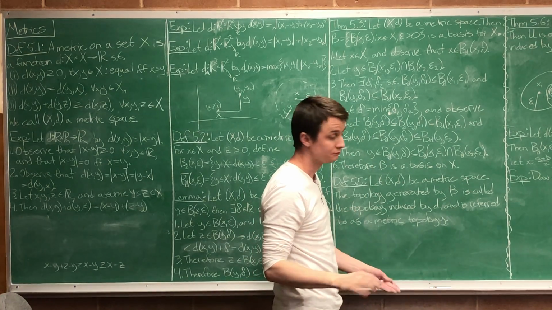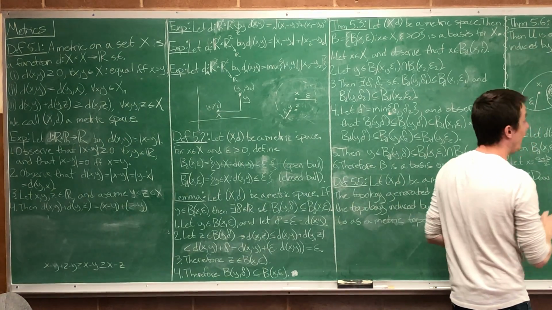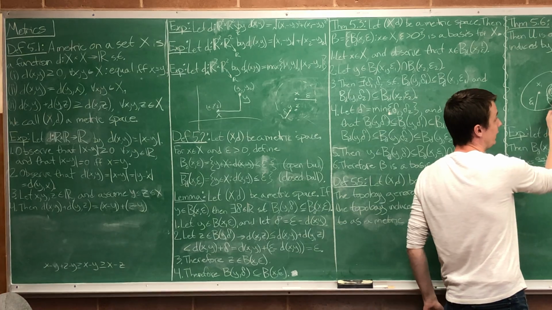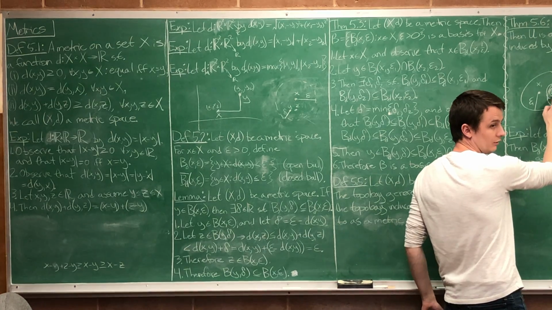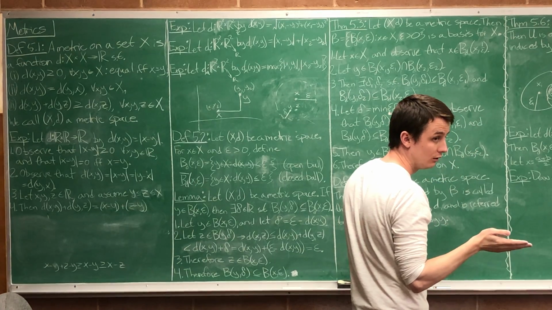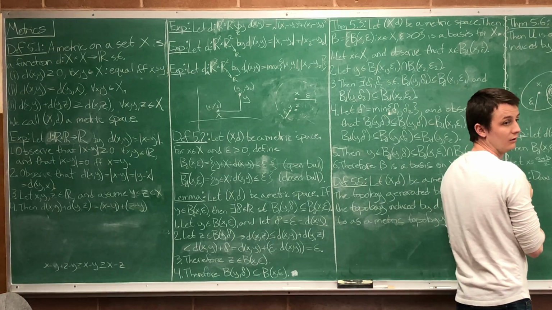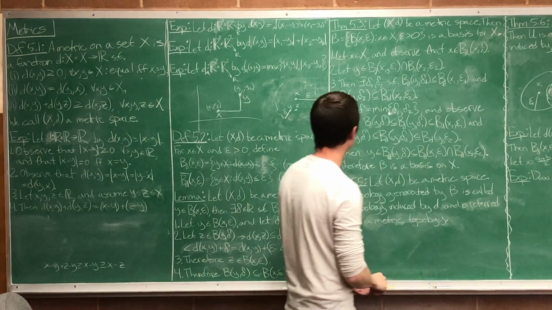So whatever my delta is, it has to be completely contained within this ball, and it has to be completely contained within this ball. Both these little balls here. So it's a subset of both those, and since it's a subset of both those, it's a subset of both these, and therefore of the intersection. That's where we're going with this.